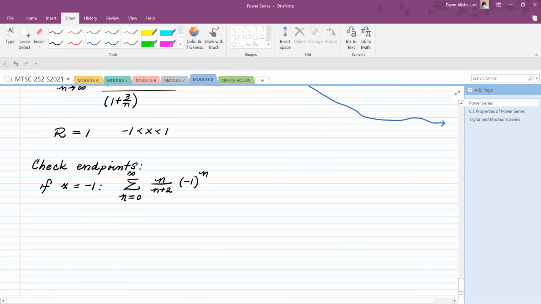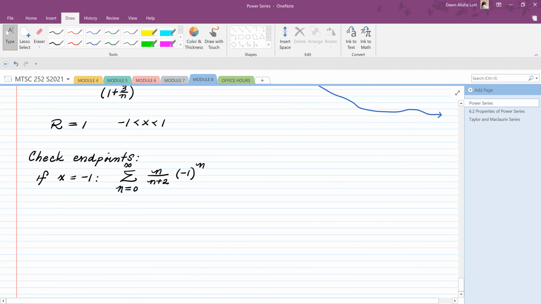And so this is an alternating series. But it's going to fail the alternating series test.